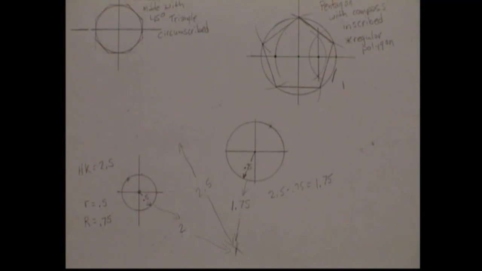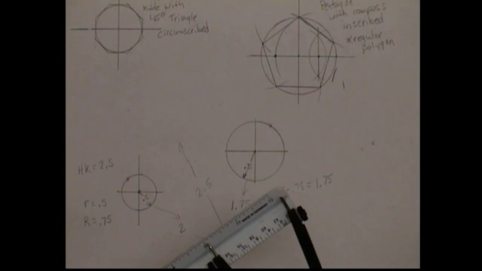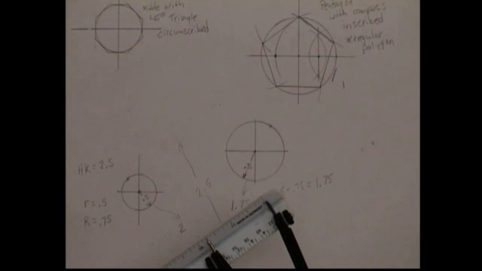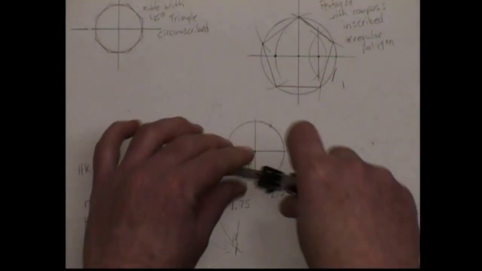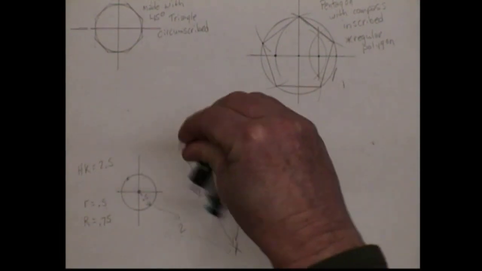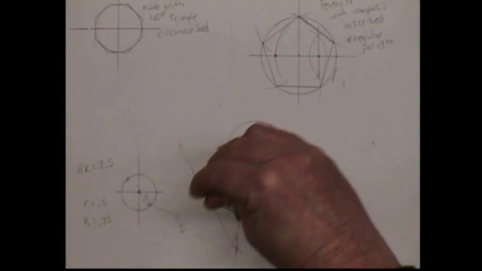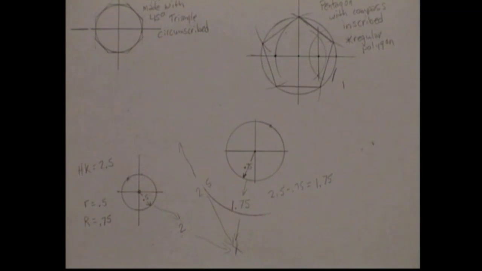First thing I'm going to do is set my compass to that 1.75 and make that first arc. So I'm coming up here, I'm striking an arc. So here's my 1.75 arc.